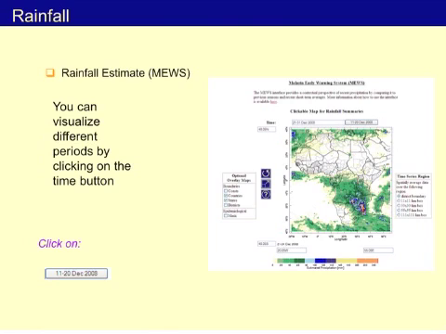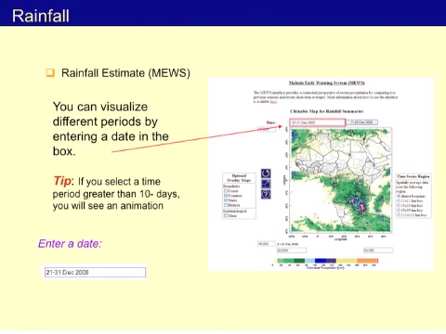As an example, in this slide is the button for the period 11 to 20th December 2008, or you can visualize different periods by entering a date in the box. You can select, for example, a specific month, such as December 2009, or a specific year, such as 2008.